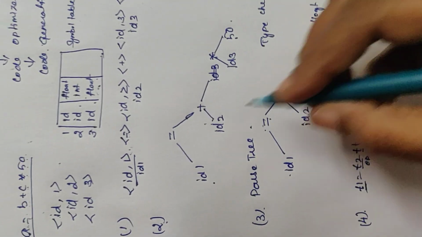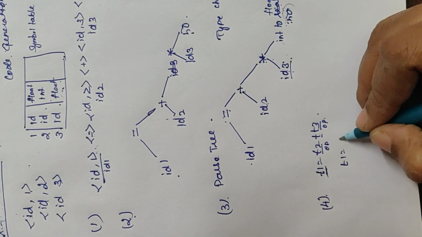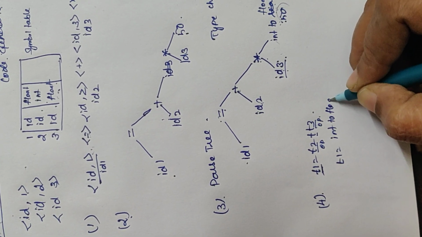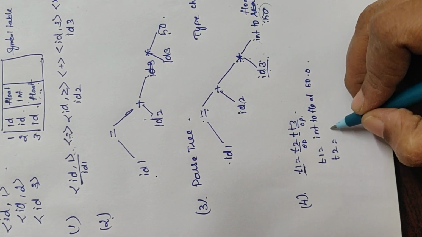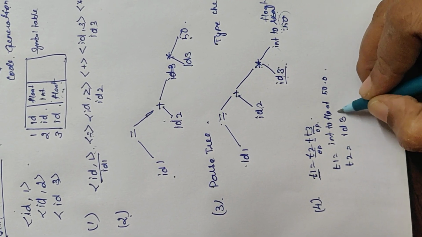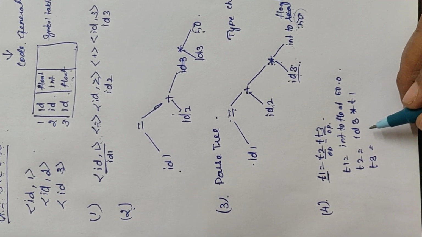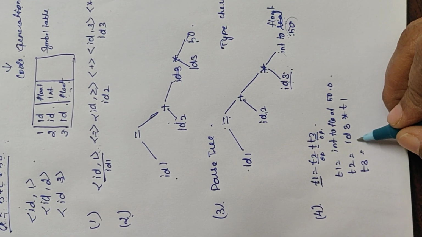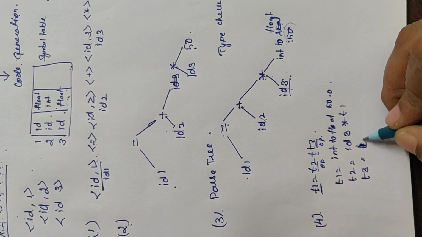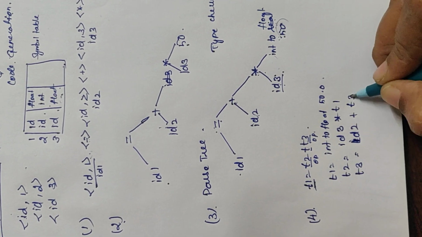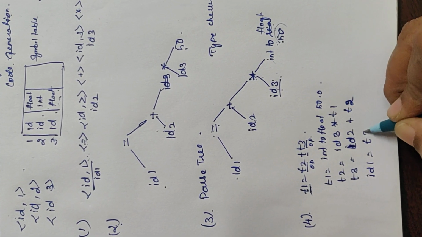Now for this example, the 3 address code will be: T1 is equal to int to float of 50, that is 50.0, and T2 is equal to id3 star T1, and T3 is equal to id2 plus T2, and id1 equal to T3.